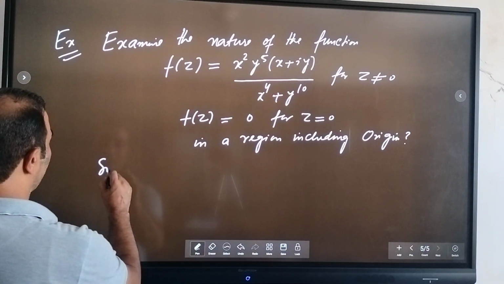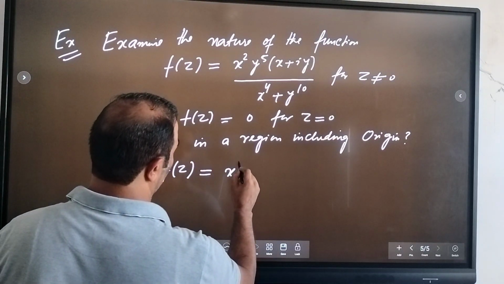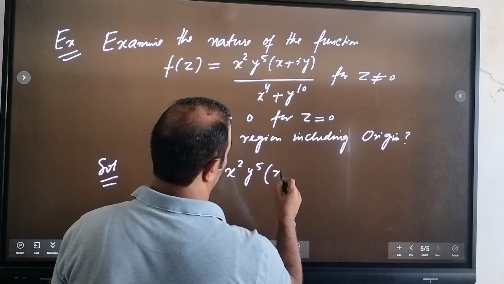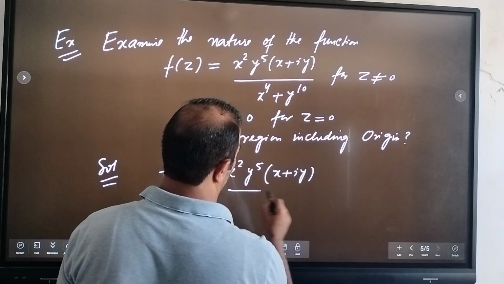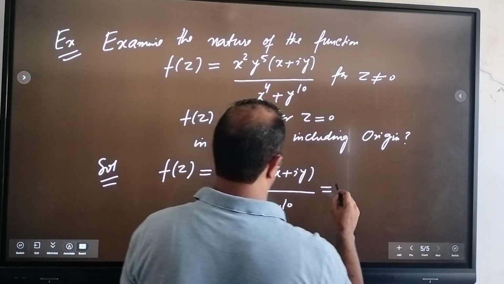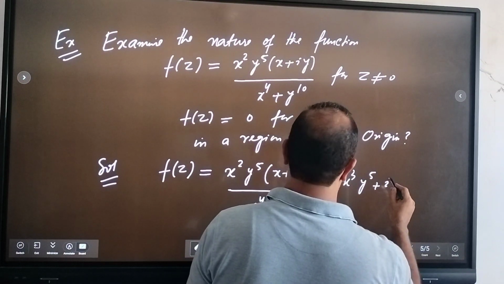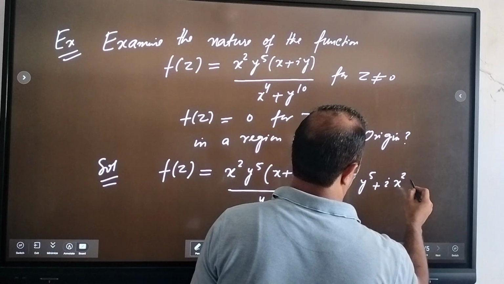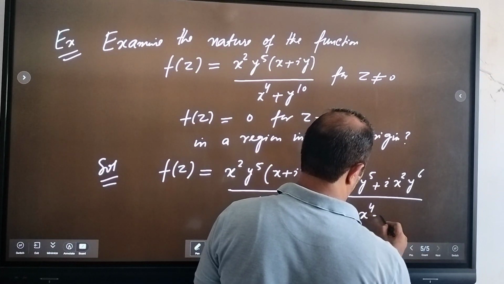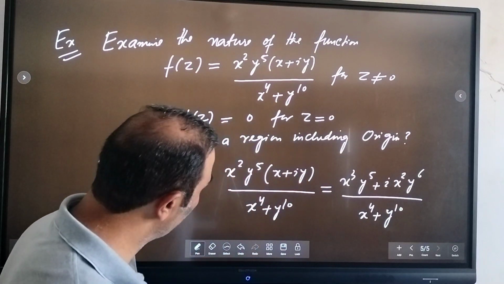Okay, let's write now. We can rewrite this equation because we have that f of z, that's equal to x square, or you can write this as x square, so this we can rewrite as x cube y raised to power 5. Okay. So I simply multiply here, right?